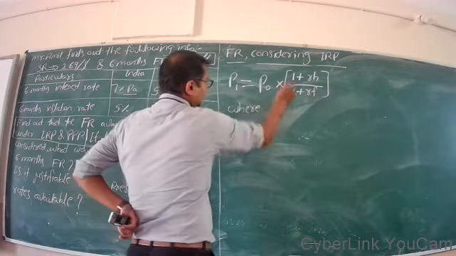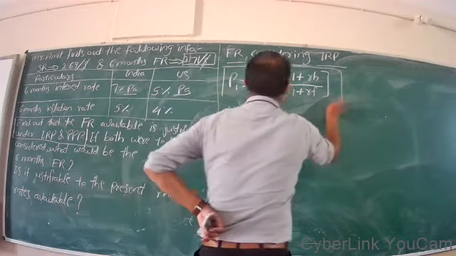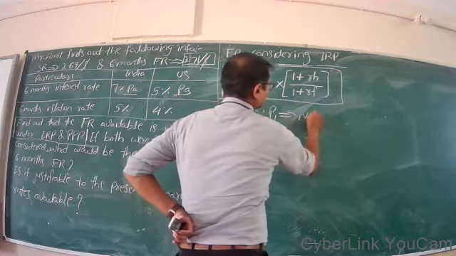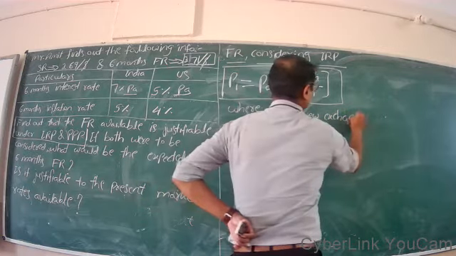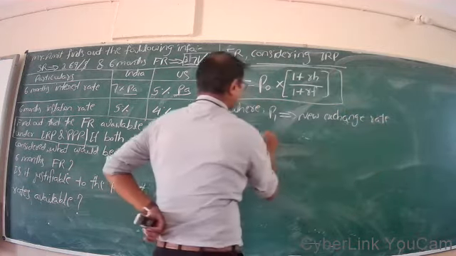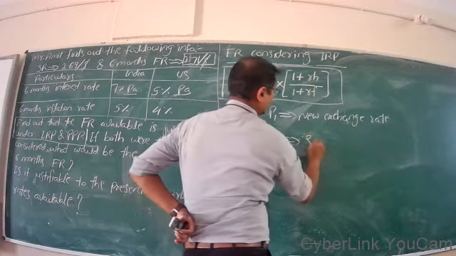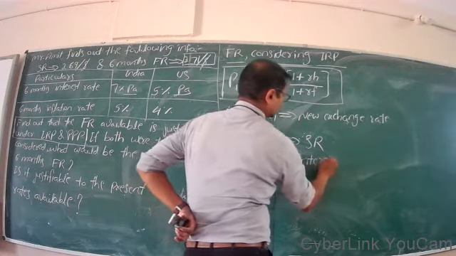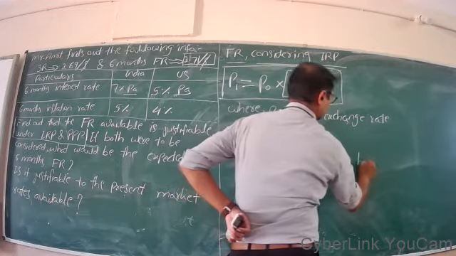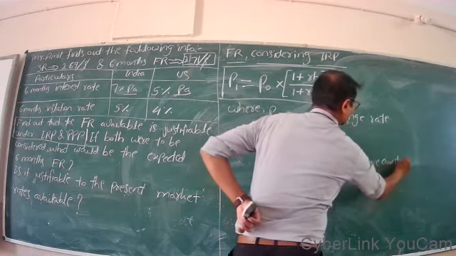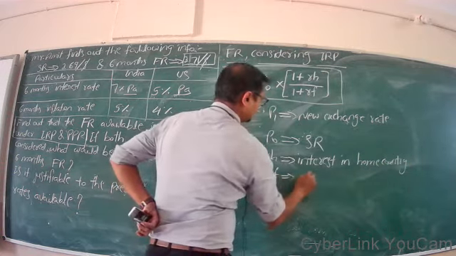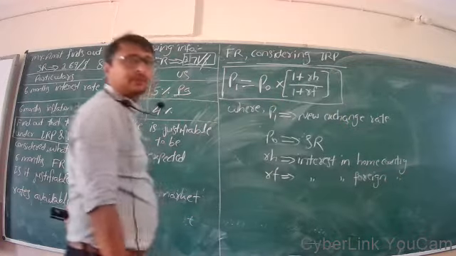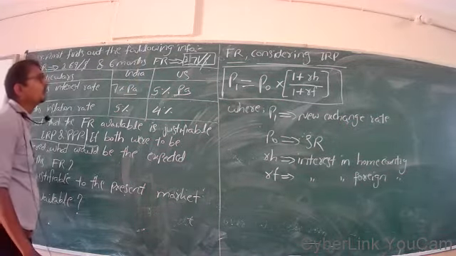You have to remember this formula, very important for IRP theory, where P1 is the new exchange rate, P0 is the old exchange rate or spot rate, RH is interest rate in home country, RF is interest rate in foreign country. So please make a note of it.